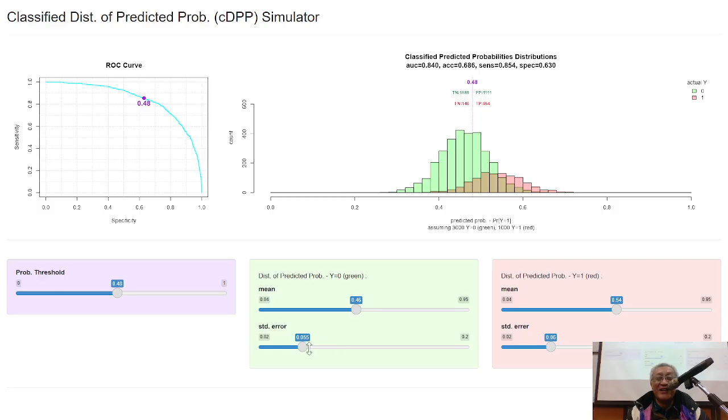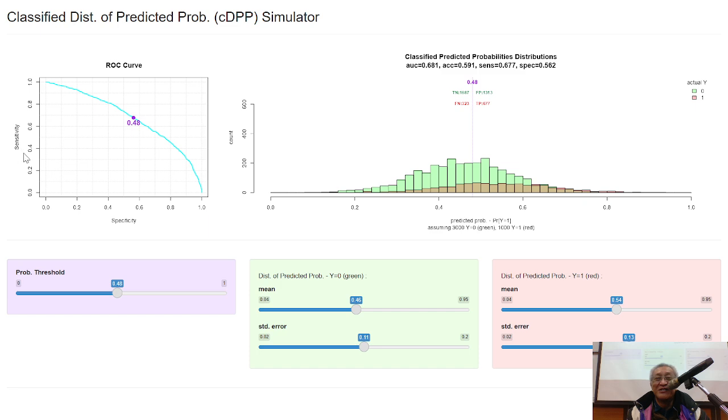In reality, you will see a ROC like this one, and you will see a trade-off between sensitivity and specificity. It means that the classified distributions of probability overlap.